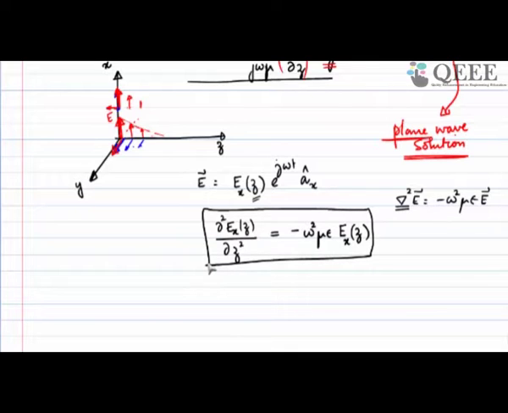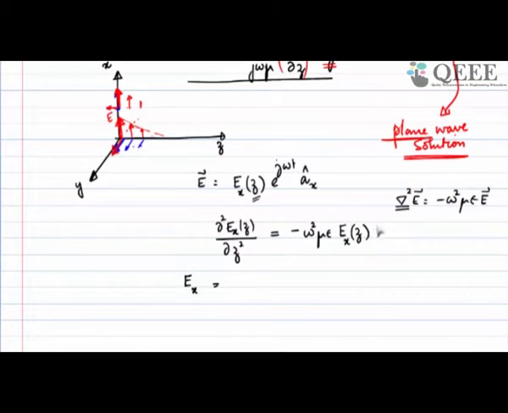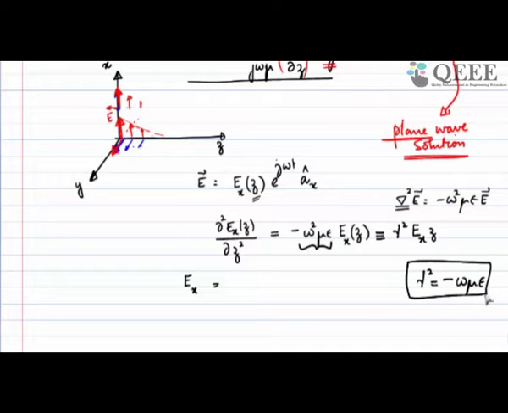And the general solution for this is exponential. So if I substitute, I'm going to make it a little easier by defining this as gamma square Ex(z), where gamma square is defined as minus omega square mu epsilon.